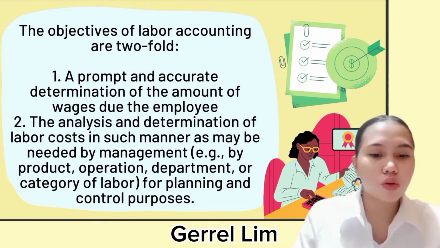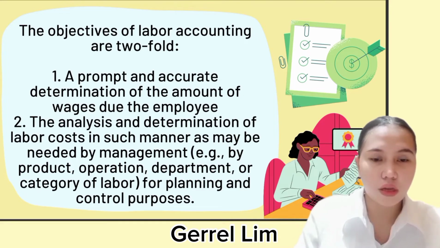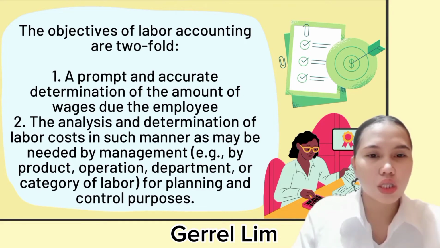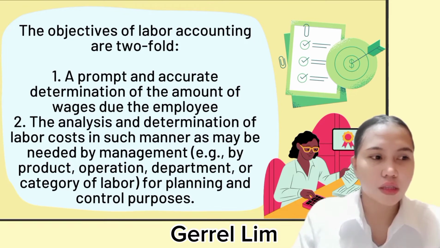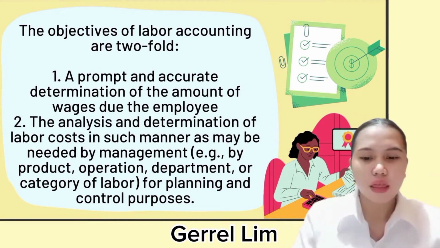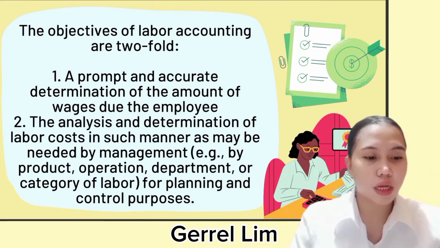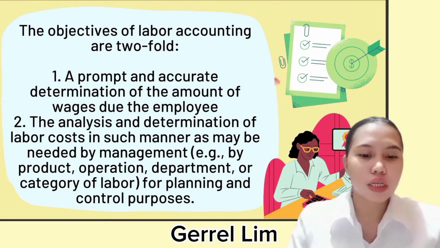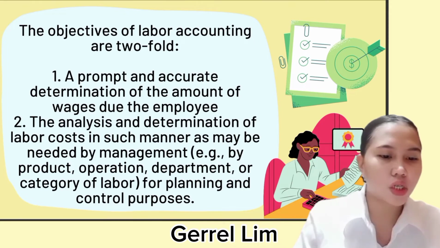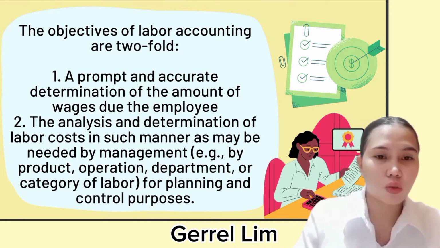This is the right or accurate wages received by an employee. For example, today the minimum wage is 570, am I right? It is under the law of the government. Number two is the analysis and determination of labor costs in such a manner as may be needed by management, for example by product, operation, department, or category of labor, for planning and control purposes.